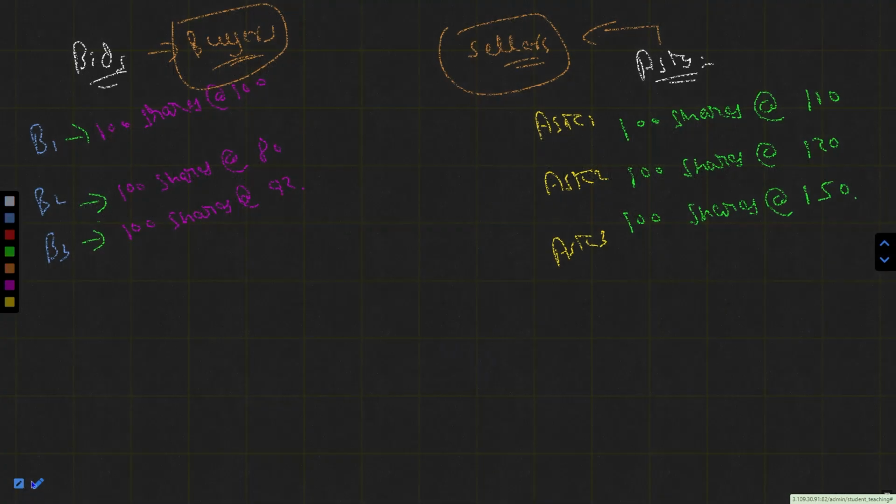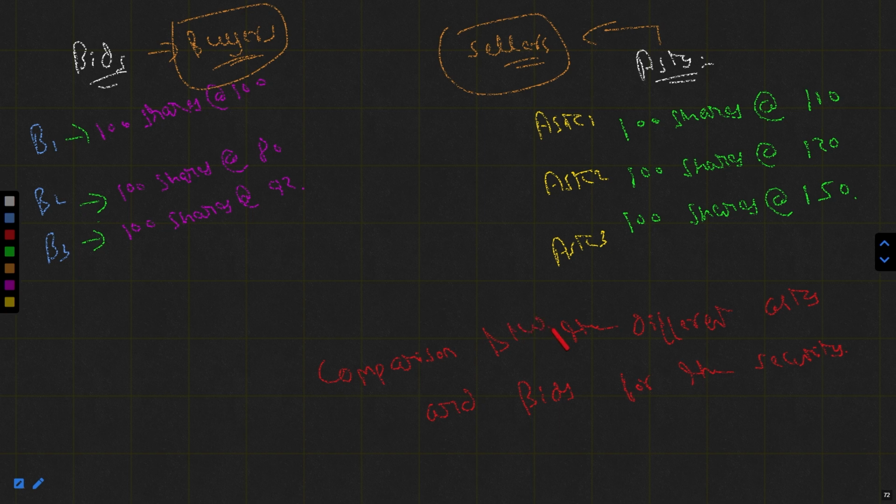Like in the previous slide I told you, the order book gives the comparison between the different asks and bids for the security. Got it?